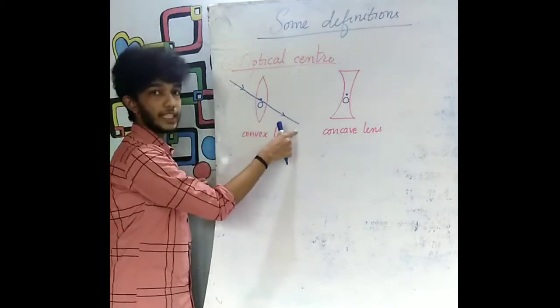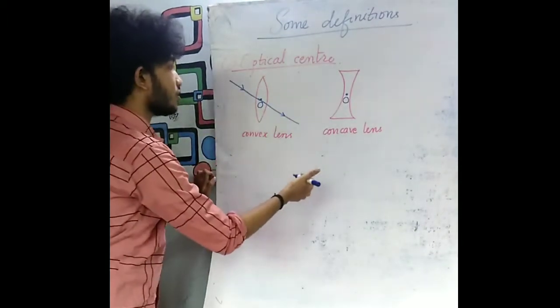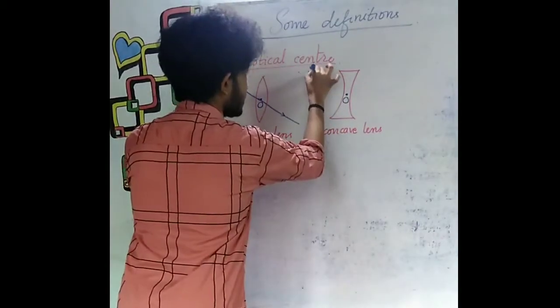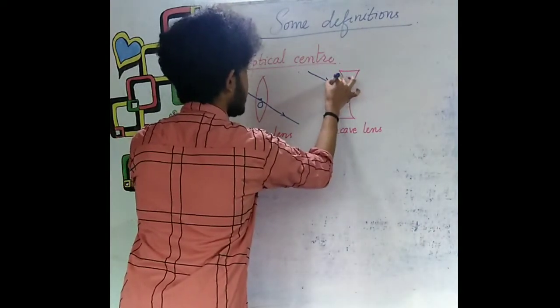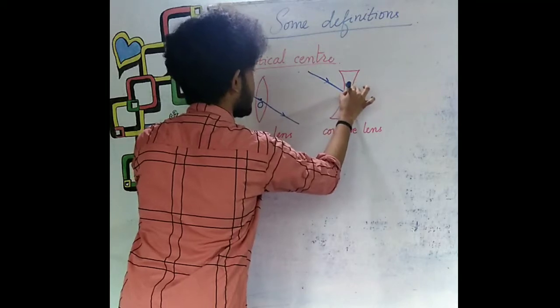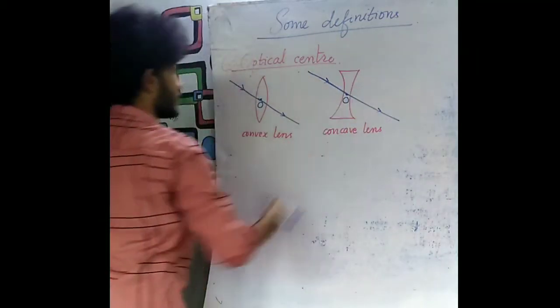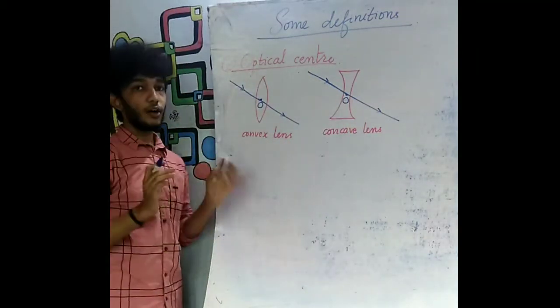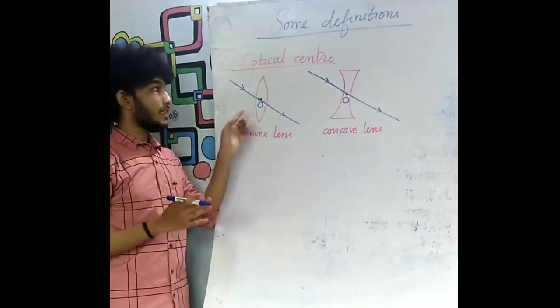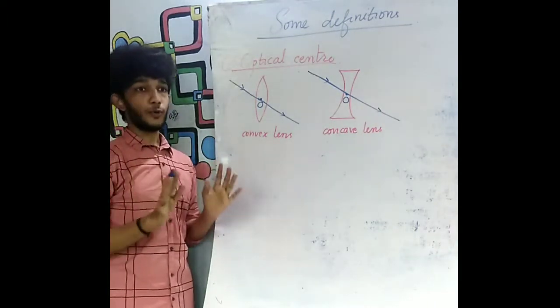This ray will be undeviated. Similarly, here also, when a ray of light is incident at the optical center, after refraction, it passes undeviated. This is the property of the optical center, and it is represented by the letter O.